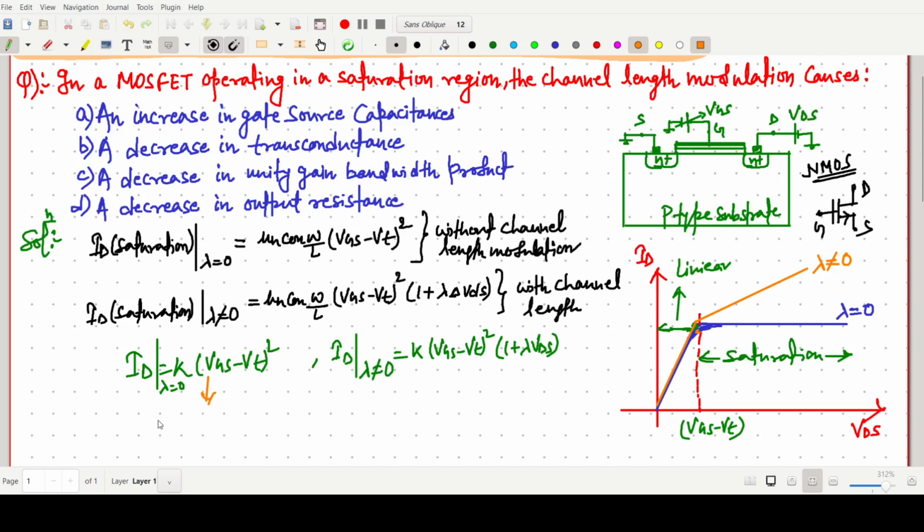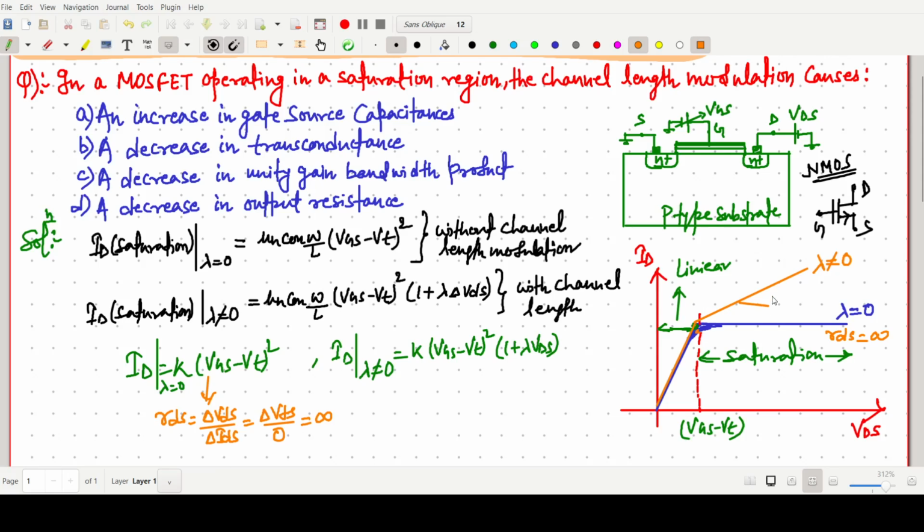In this case, the RDS value, that is our del VDS by del IDS. In case of saturation without channel length modulation, there is no change in the drain current, so the change in drain current will be 0. So the drain to source resistance is infinity, so the RDS value is infinity.